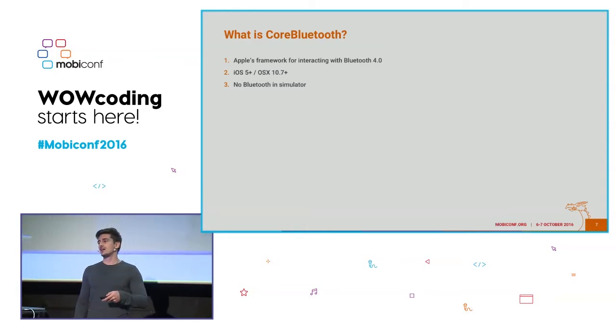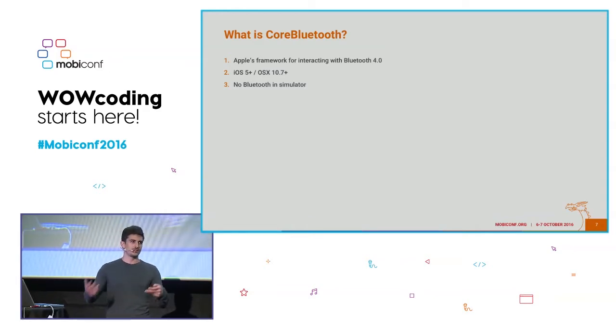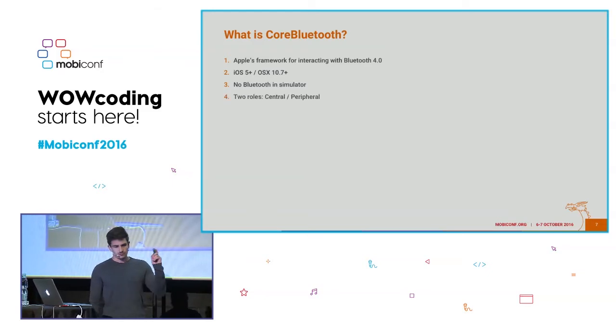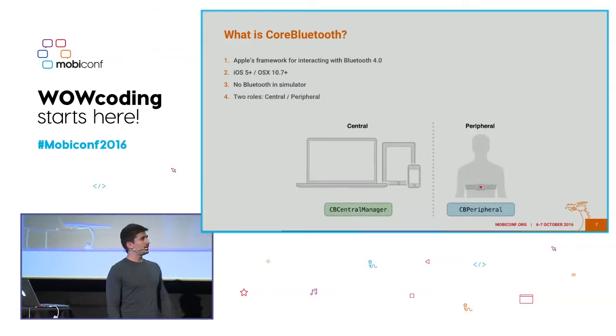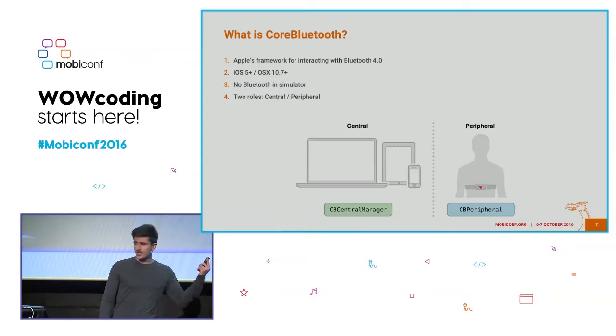You can make your iOS device a peripheral as well. So you can have both roles playing, let's say your Mac and your iPhone, or whatever it may need to be. So like I said, there are two roles, and I would like you to just analyze this image real quick. It's pretty straightforward. You have centrals and peripherals.